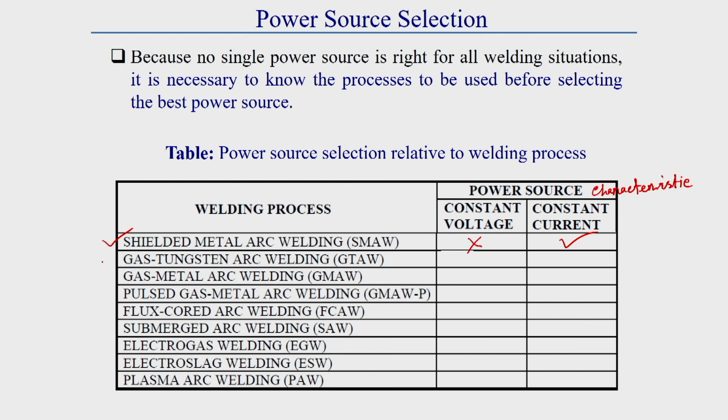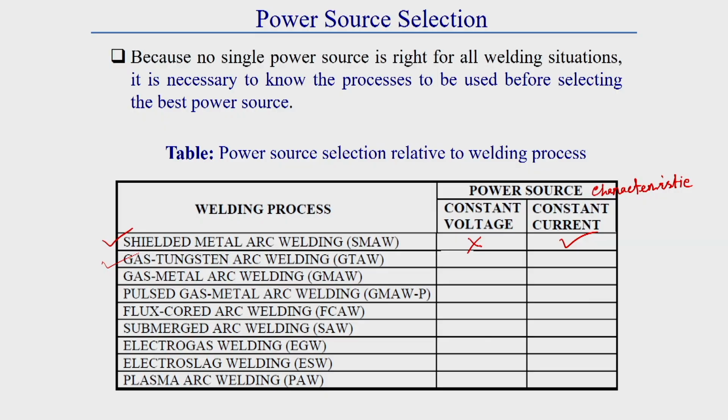Similarly, gas tungsten arc welding is a non-consumable electrode welding process. Here the electrode carries only current and is responsible for generating the arc, but it is not melted or consumed inside the weld zone.